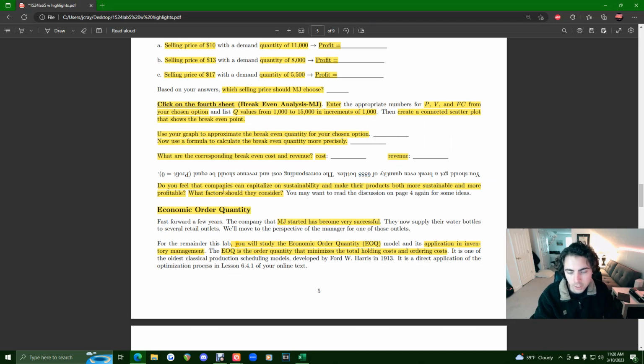Okay. Do you feel like companies can capitalize on sustainability and make their products both more sustainable and more profitable? I would say they can. I mean, yeah, technically.